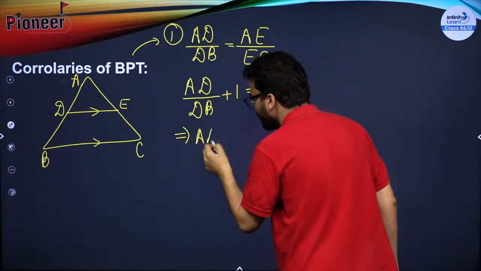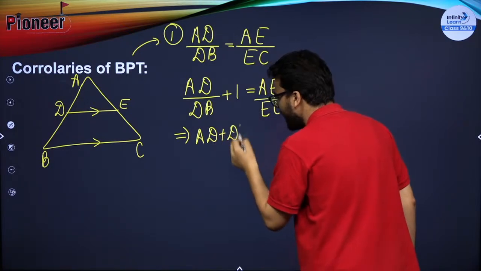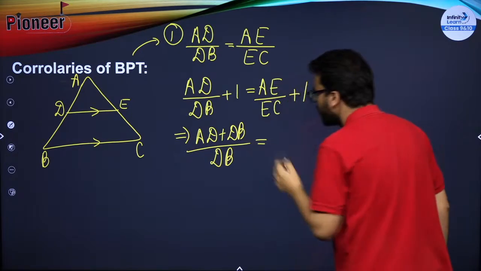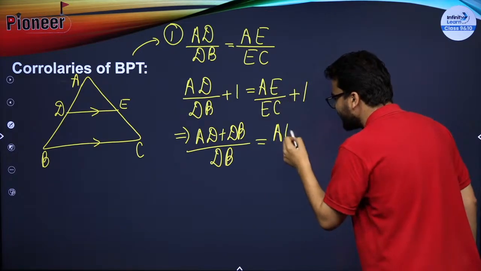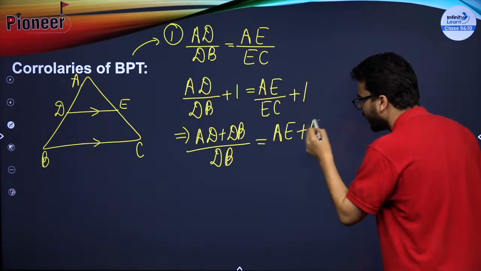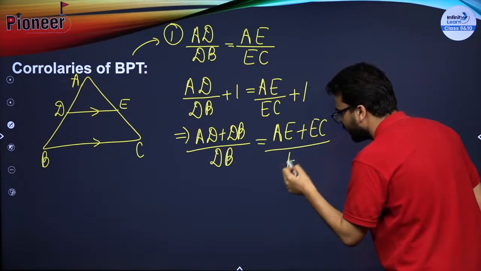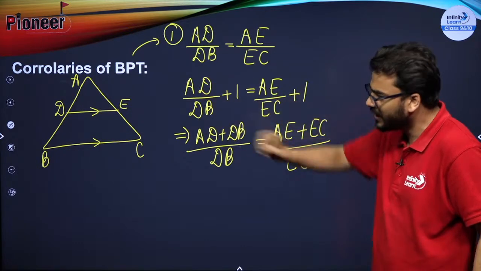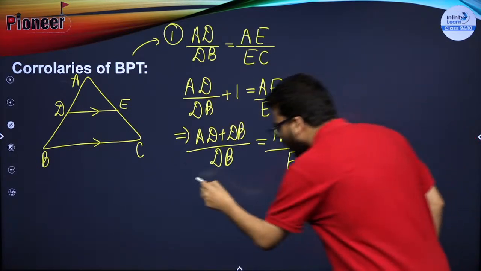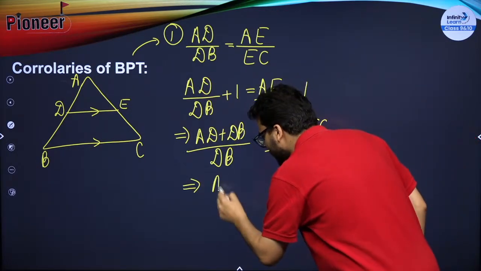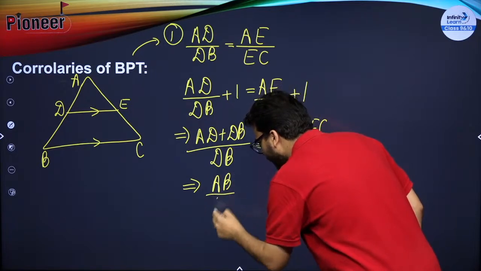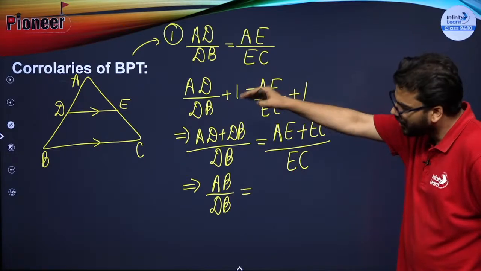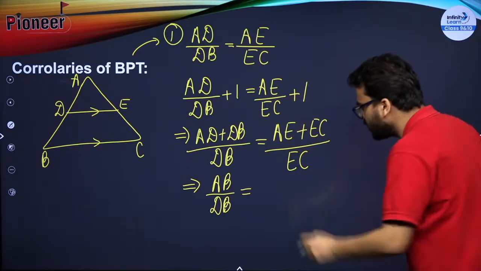So I'll get AD plus DB by DB, and that is equal to AE plus EC by EC. I hope this is clear. Now what is AD plus DB? That is equal to AB. So AB by DB. Now what is AE plus EC? That is AC over here.